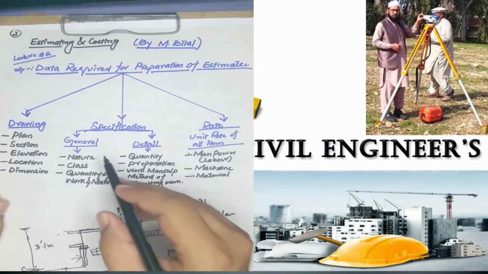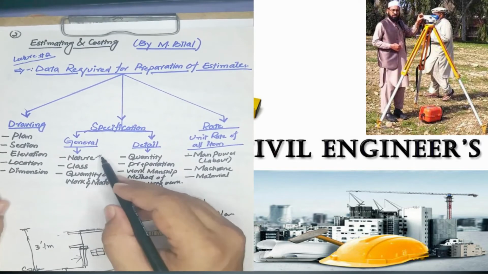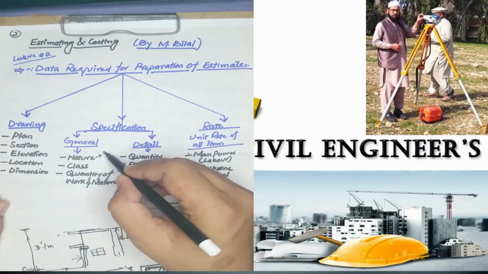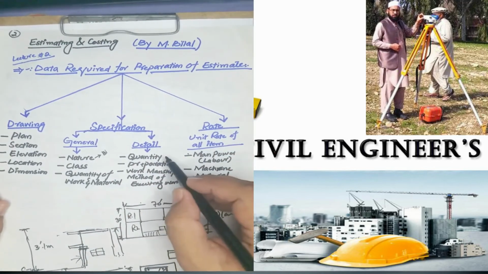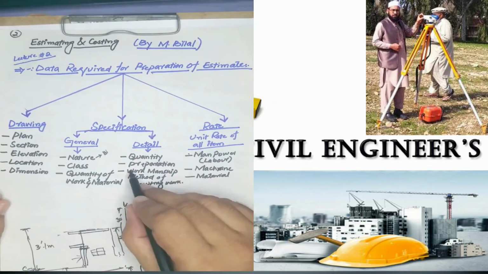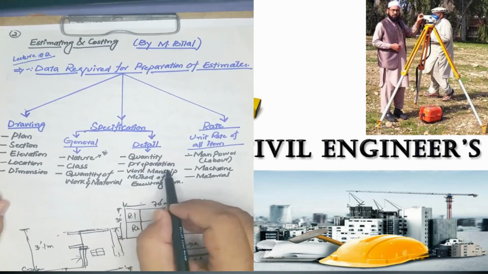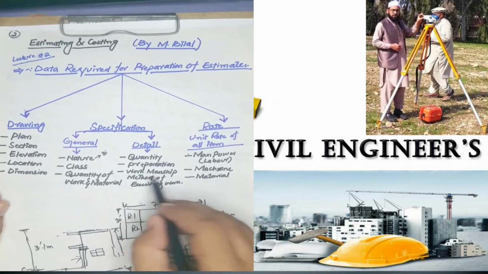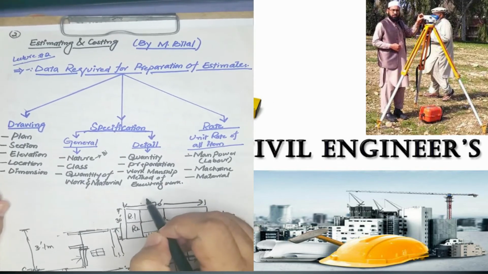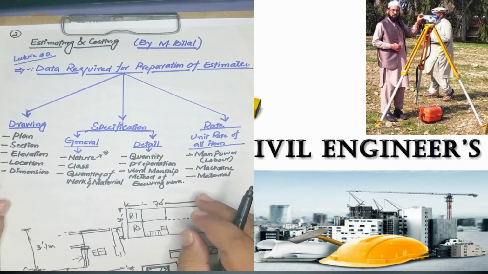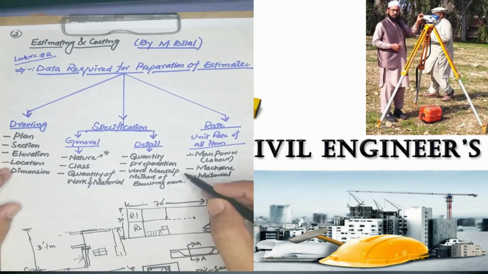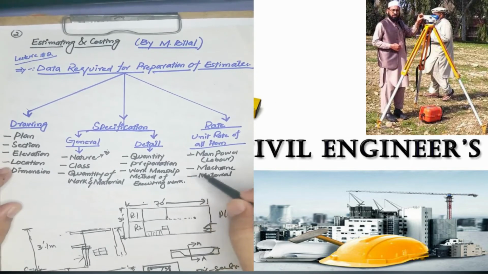In general specification we just mention that bricks will be used, but their quantity will be mentioned in detailed specification. We also mention workmanship and the detailed method for execution of the said work.